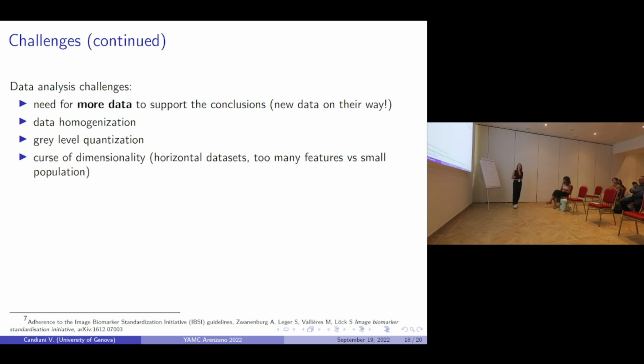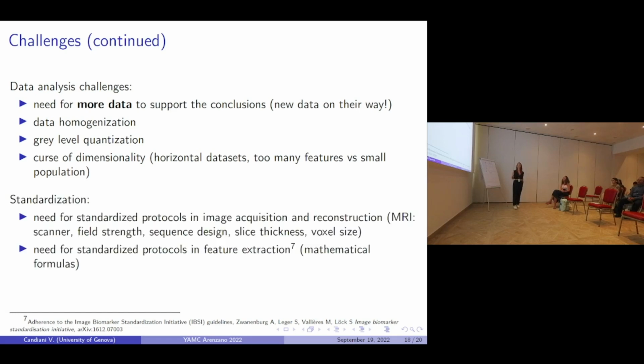Also, what the physicians give us is completely messy, and the pre-processing part takes some time in data homogenization and gray-level quantization, which are fundamental steps in the feature extraction procedure. And then there is the curse of dimensionality. We usually get these very horizontal data sets with lots of features but a very small population, so not really helpful in the statistical analysis.